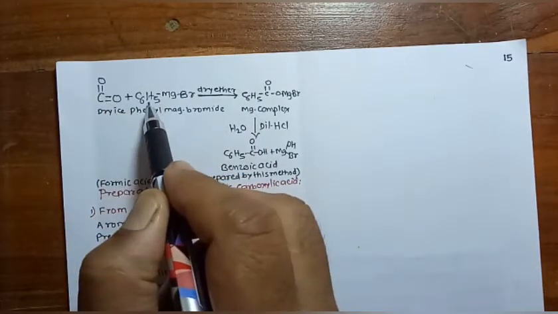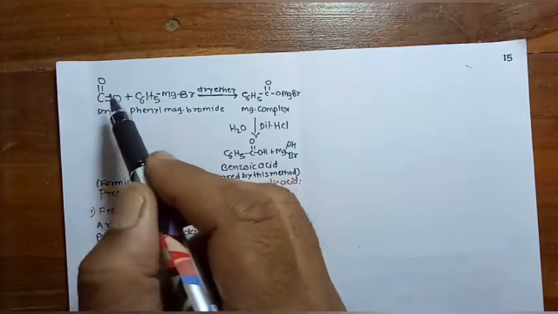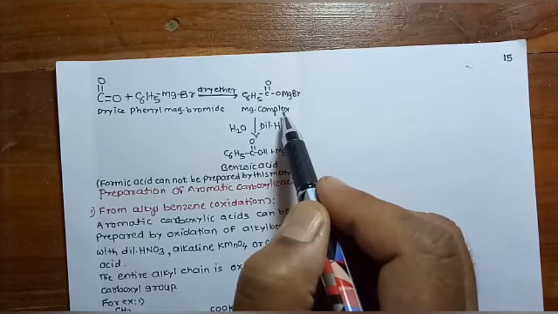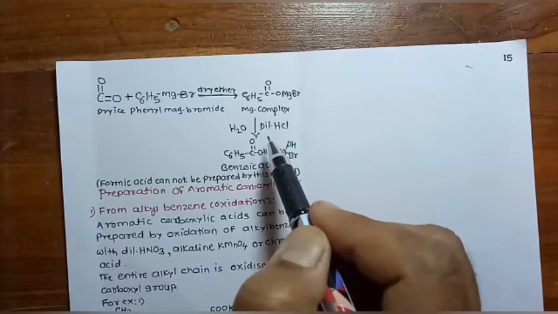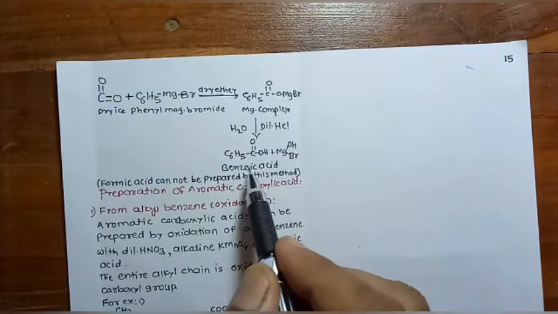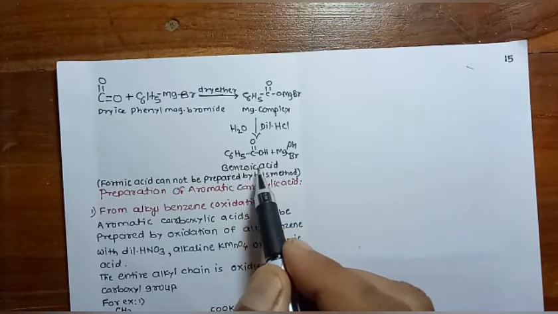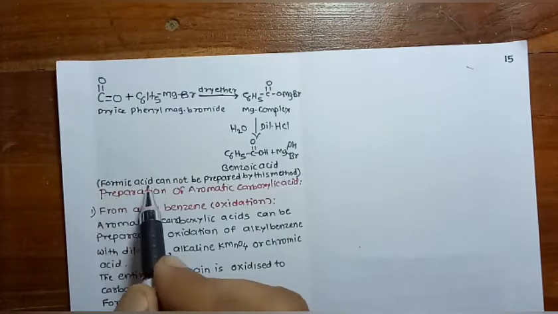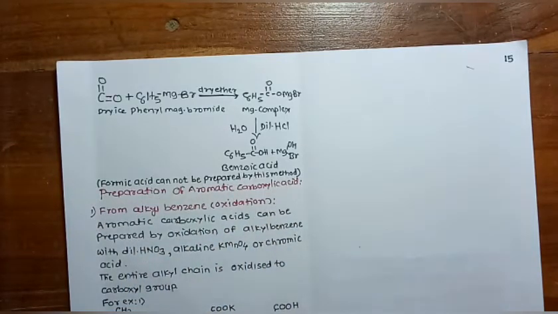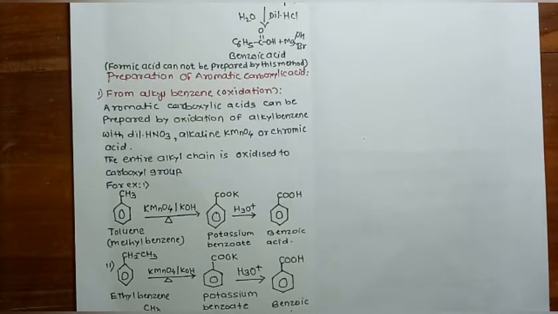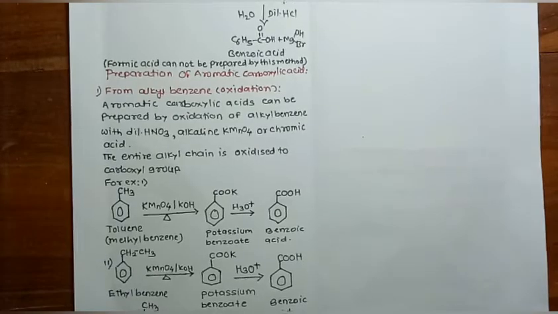The C6H5 phenyl group is attached to this carbon atom, giving C6H5 C double bond OMgBr, that is Mg complex formation, and that on acid hydrolysis gives C6H5COOH, that is benzoic acid. Formic acid cannot be prepared by this method. That is regarding the preparation of carboxylic acid from Grignard reagent and solid CO2, that is dry ice.